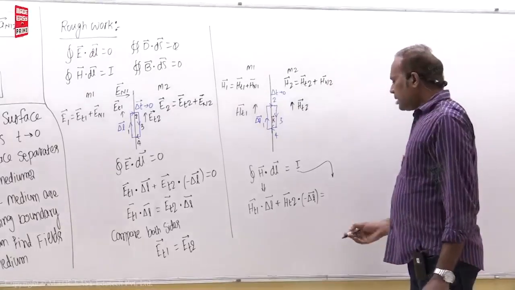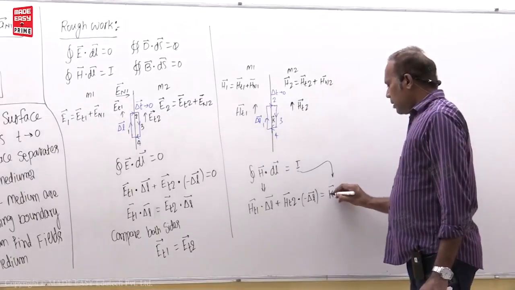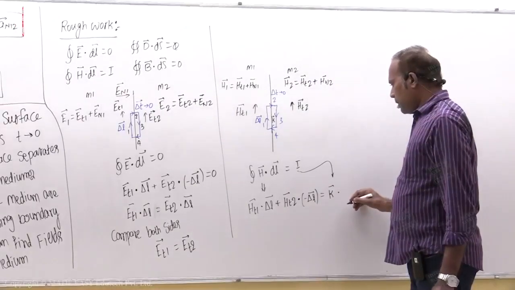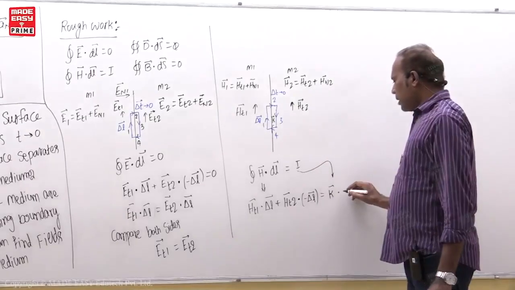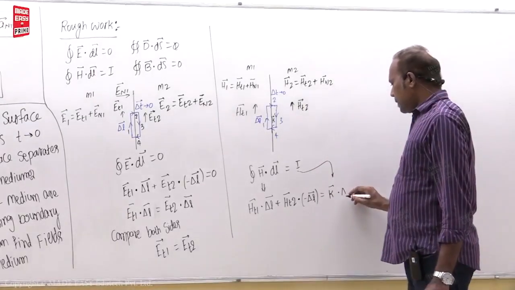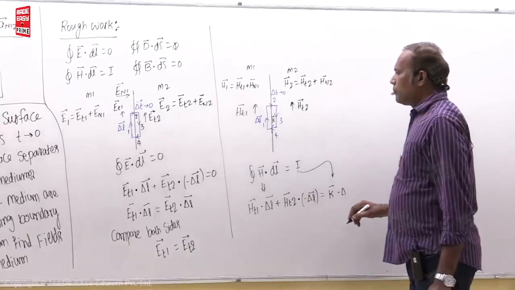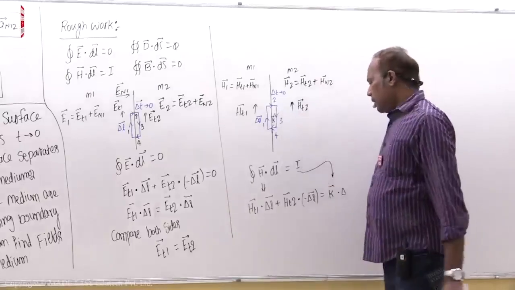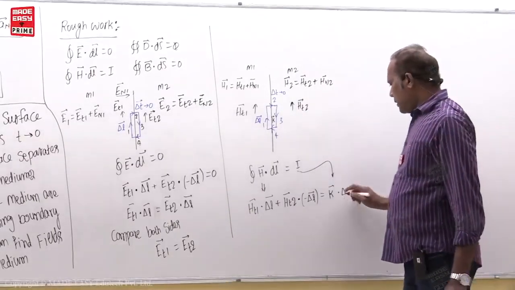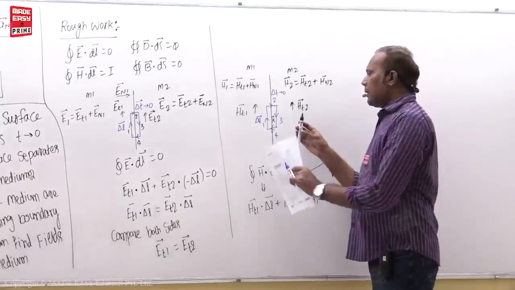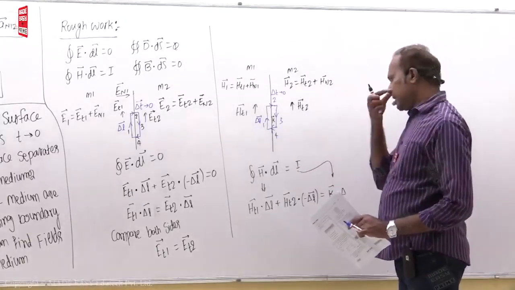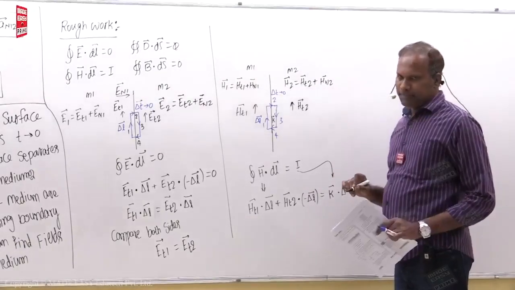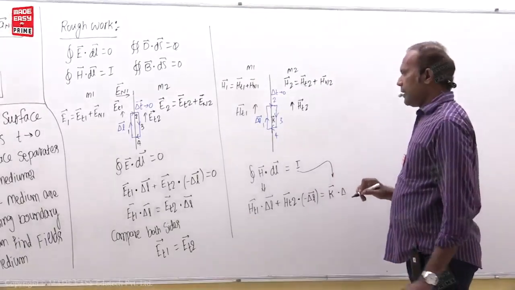Here the current is equal to K bar times delta L. How to show this, dear students: K bar is defined as current by cross sectional width.